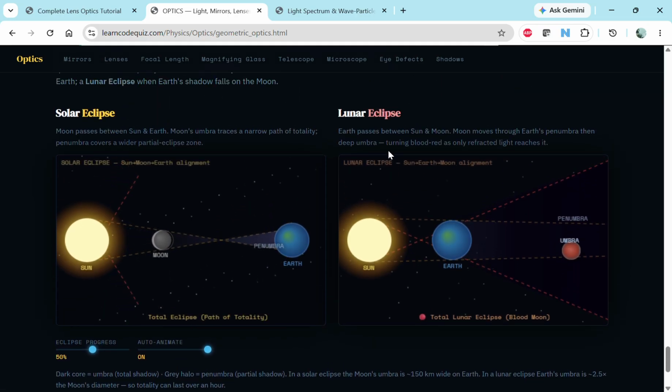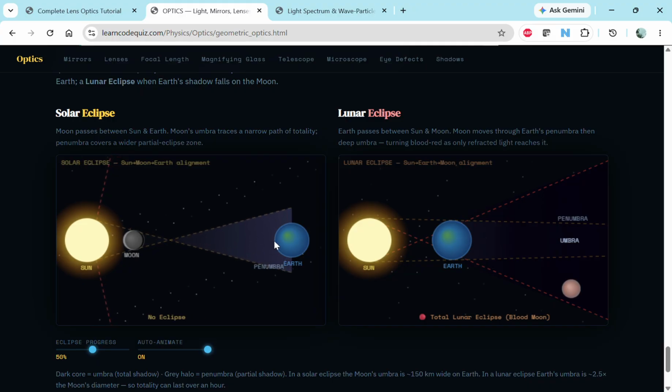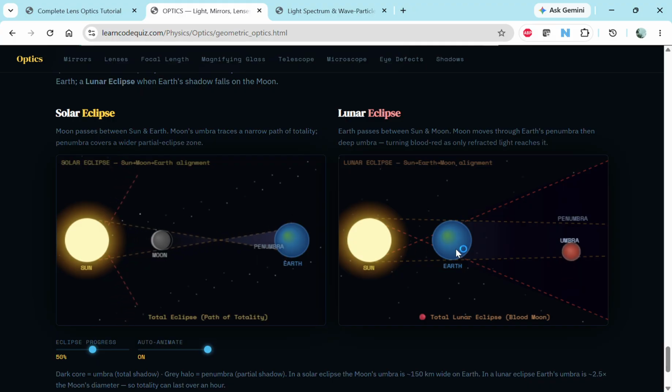And so the solar eclipses and the lunar eclipses, there's a beautiful animation that we have created, showing how the shadow of the moon falls on the earth in terms of solar eclipse, and you cannot see the sun, and how the shadow of the earth falls on the moon during lunar eclipse, and you cannot see the moon.